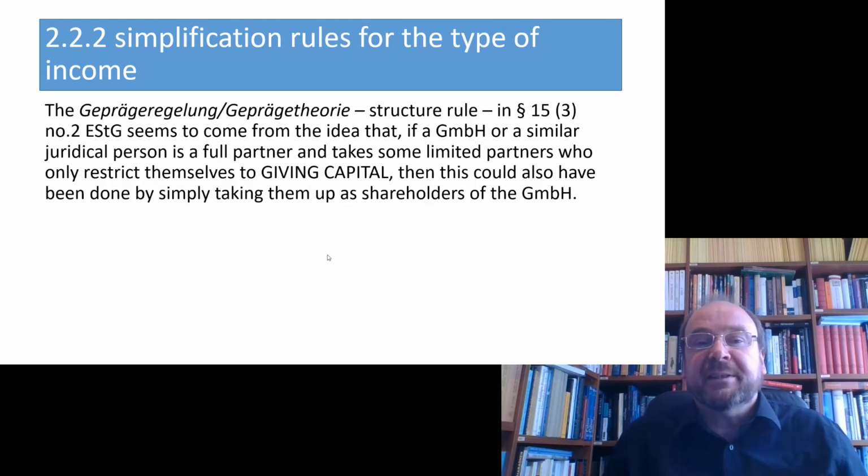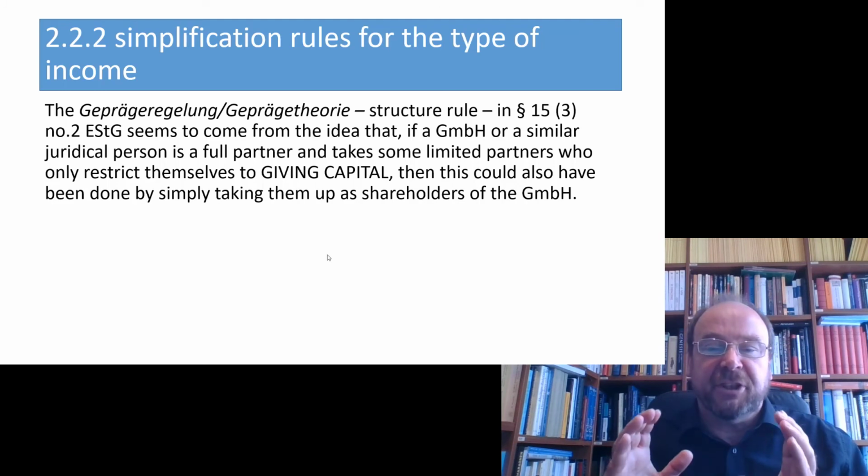By the way, there is even a nice effect of that second rule, the so-called Geprägetheorie or structure rule, 15.3 number 2. If you wonder about that, my personal explanation, or what I suppose, is that if a GmbH exists, all that it does is classified as income from business.